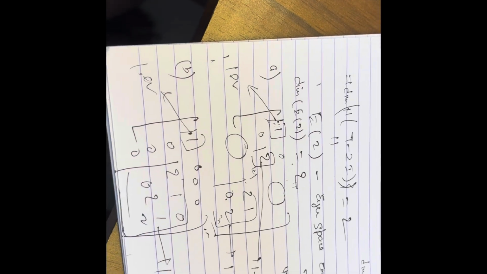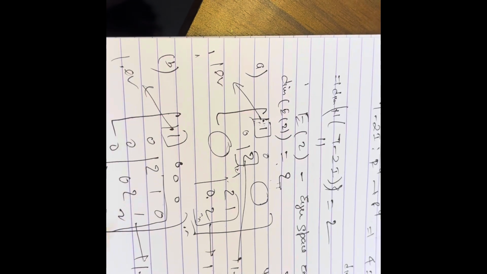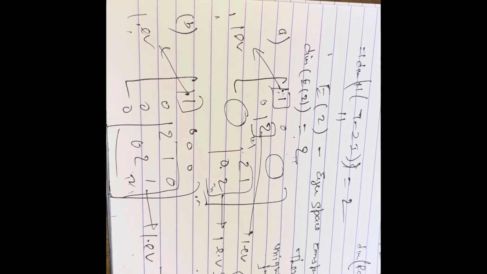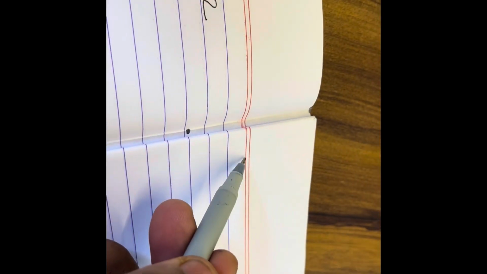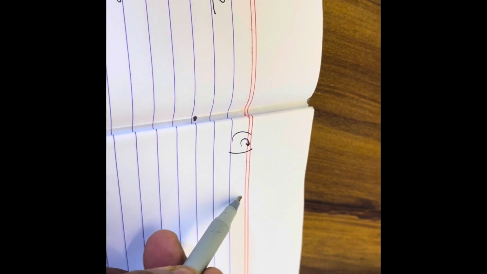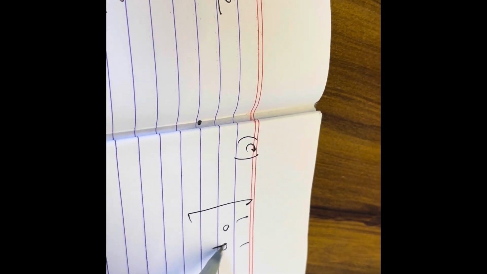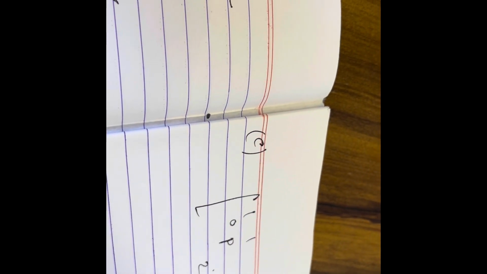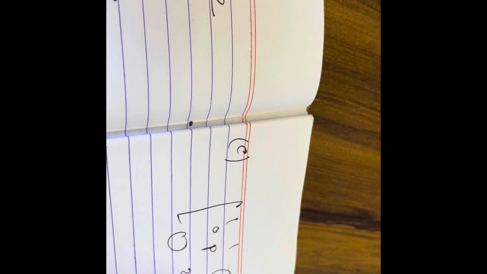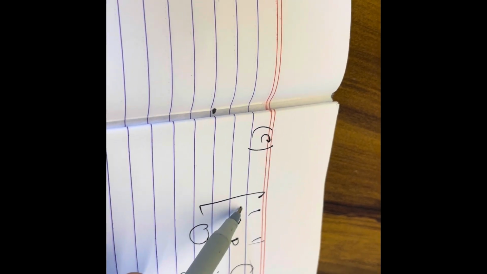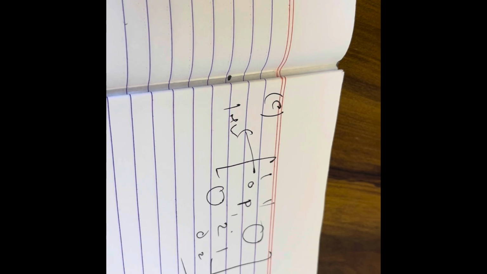Of course you don't get 2 eigenvectors from it, because a Jordan block will give you only one eigenvector. So there are two blocks, one is okay, but for 2 you are missing one eigenvector. Therefore this is the wrong answer. Now answer C. It says 1 1 0 1 and 2 2 1 0 whole 0. Here again you will get one eigenvector, and from here one eigenvector. This is also a wrong answer.